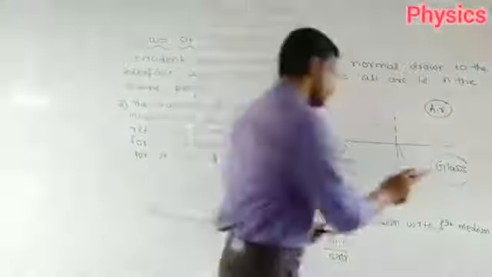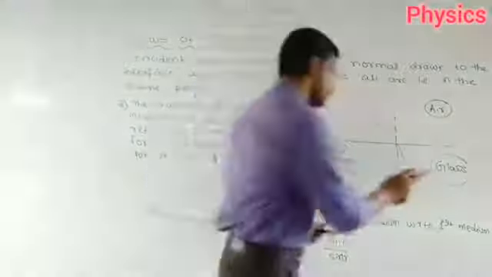Now you are going to incident a ray of light from the glass medium to the air medium. This is the glass medium, and from the glass medium we are going to incident a ray of light. This one you took as R, but now R is the angle of incidence.